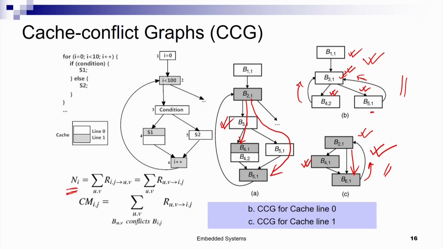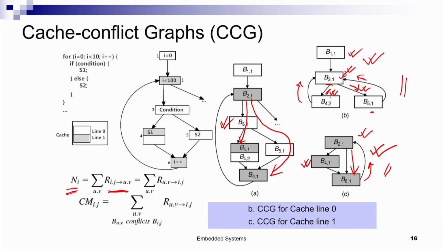And we are saying that how many times this basic block can execute is the number of times there is a transfer of control on this cache conflict graph from this ij, from a memory block of basic block I to somebody else. So, Rij tells me how many times a memory block of basic block I goes out to somewhere else. For example, for this basic block 3.1, there are two edges from 3.1.